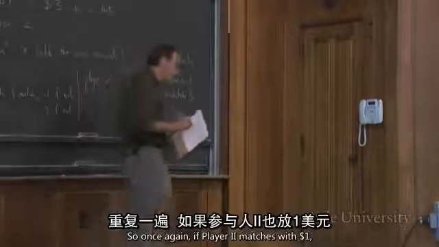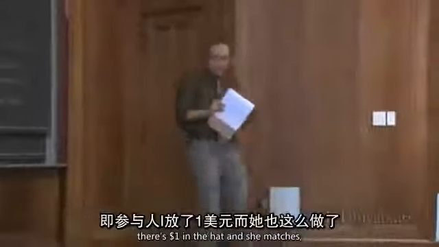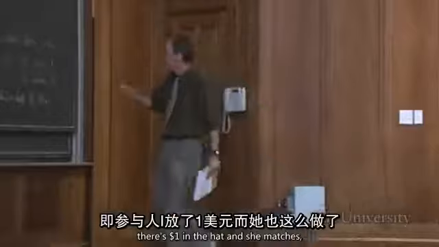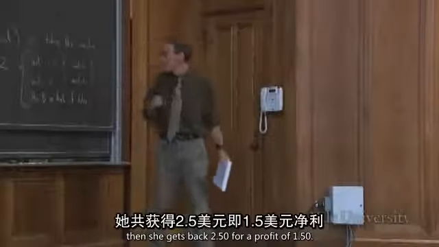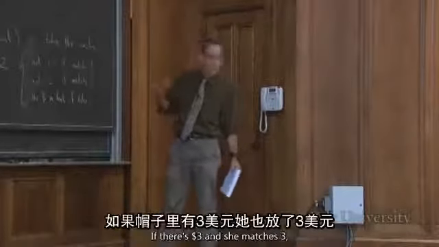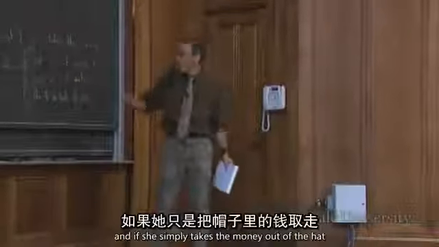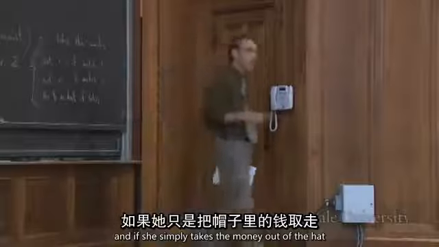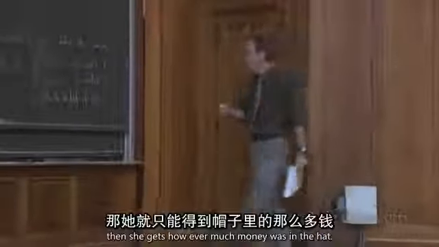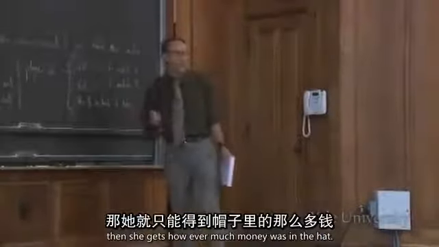So once again, if there's $1 in the hat and she matches, then she gets back $2.50 for a profit of $1.50. If there's $3 and she matches 3, she gets back 5 for a profit of 2. And if she simply takes the money out of the hat and puts it in her pocket, then she gets however much money was in the hat.